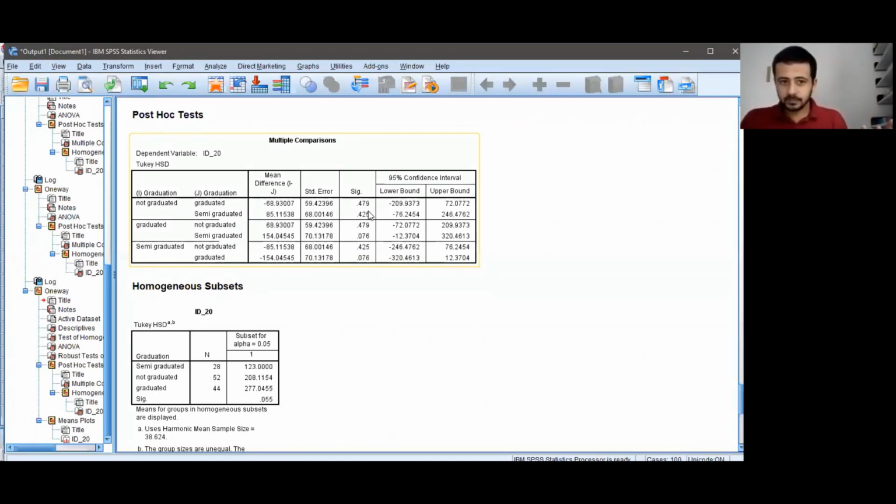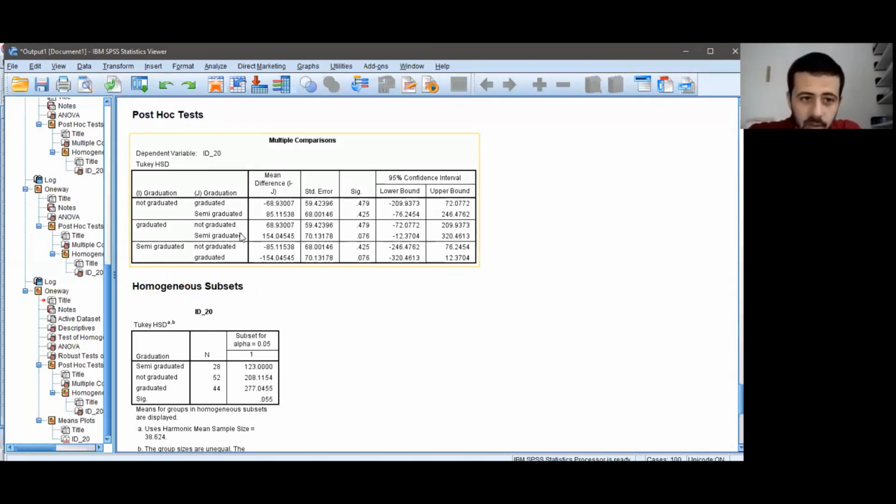In the second line, we took the graduated, compared it to the not graduated, and compared it to the semi-graduated. We have a mean difference of 68 and a mean difference of 154. You see the significance for graduated versus not graduated. It's not significant.